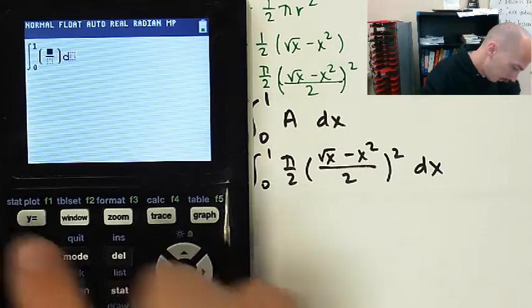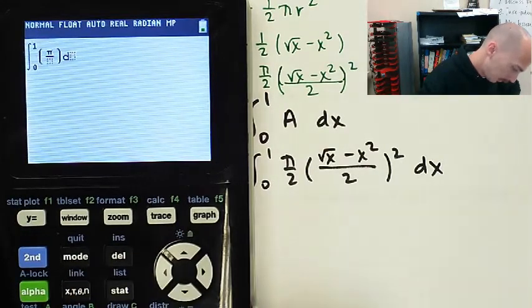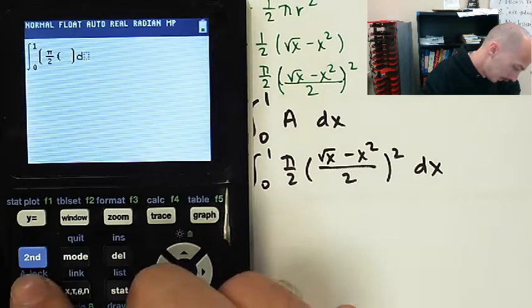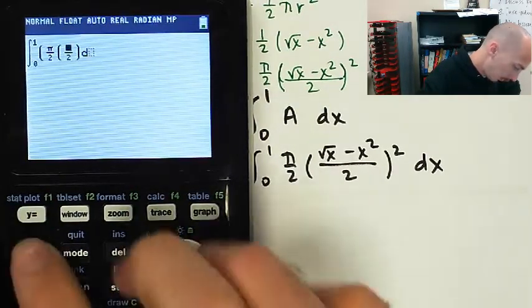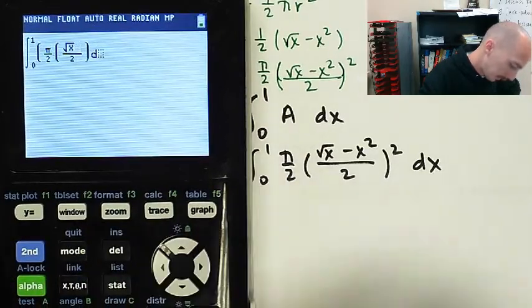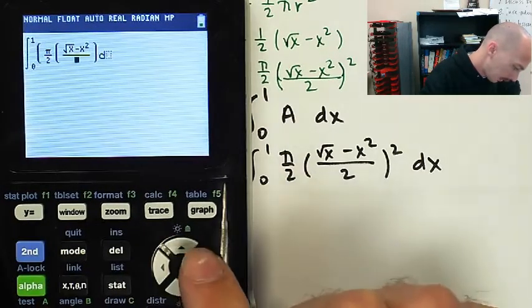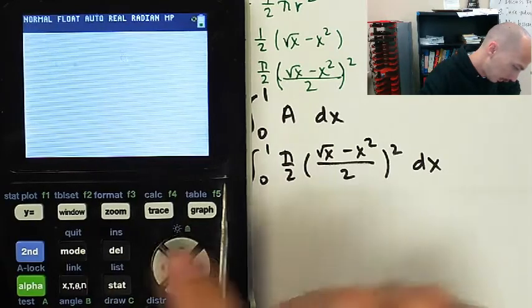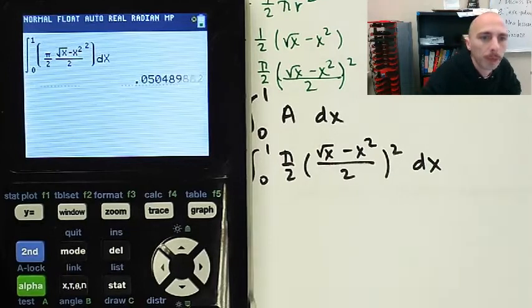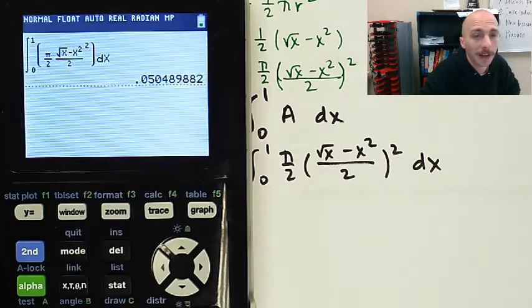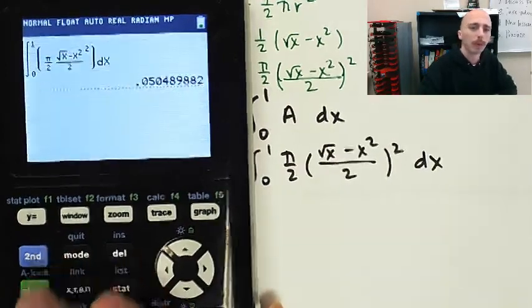Pi over 2 times, now I'm going to add another fraction, this thing divided by 2, so square root x minus x squared dx, just like I wrote it. It is always so concerning to me when it removes the parentheses, but I've got faith, and I'm pretty sure that's the right answer. 0.050.